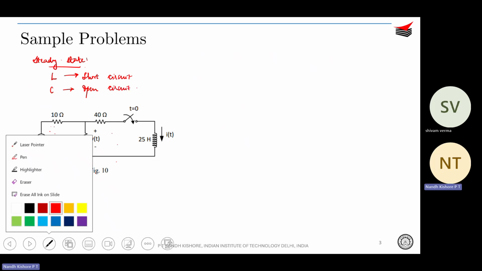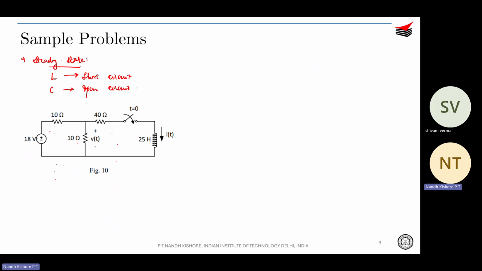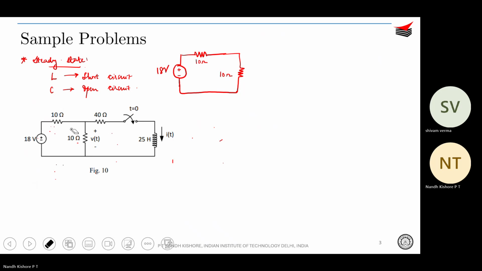Particularly in figure 10, your figure 10 is going to get modified something like this: 18 volts, then 10 ohms, and this is again 10 ohms. They have given this to be V of t. So you have 40 ohms.